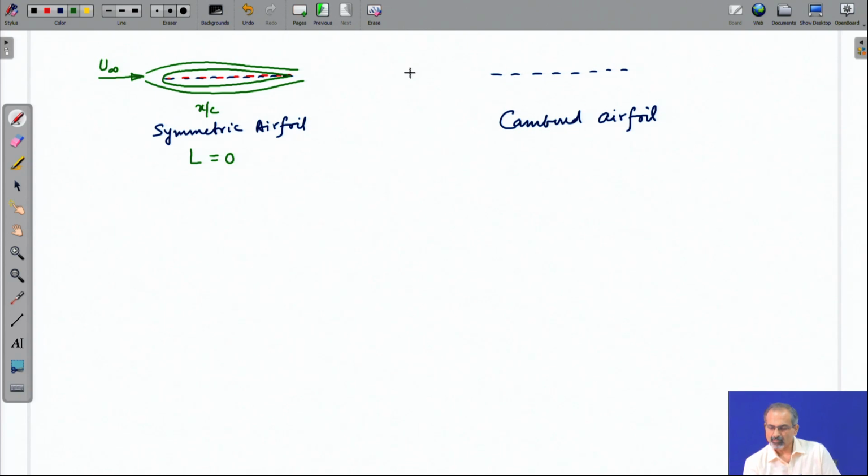On the other hand, in the case of a cambered airfoil, we know that there is a non-zero camber, and once you distribute the thickness above and below the camber line, you end up getting the airfoil shape, and the shape certainly looks asymmetric about the chord, and that is how it is visible to the flow as well. Therefore, when the flow moves around this surface, the streamlines are asymmetric.